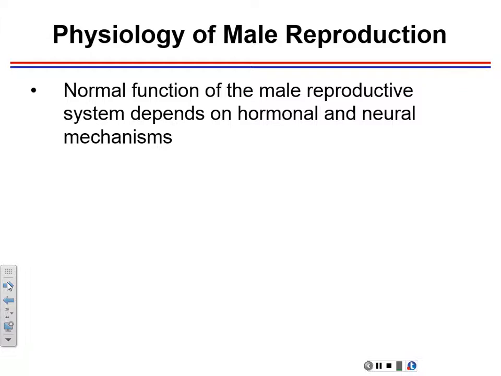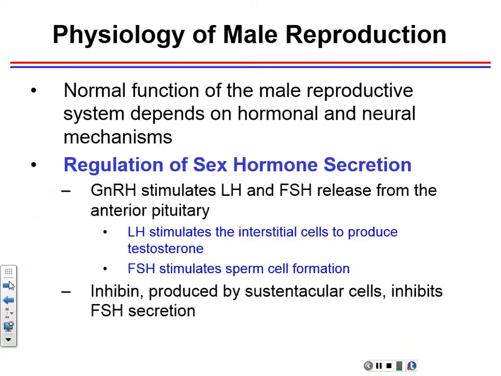So physiologic function: we get the hypothalamus, which secretes gonadotropin-releasing hormone, right? Remember when we did the reproductive system and the endocrine system, it then goes to the anterior pituitary.